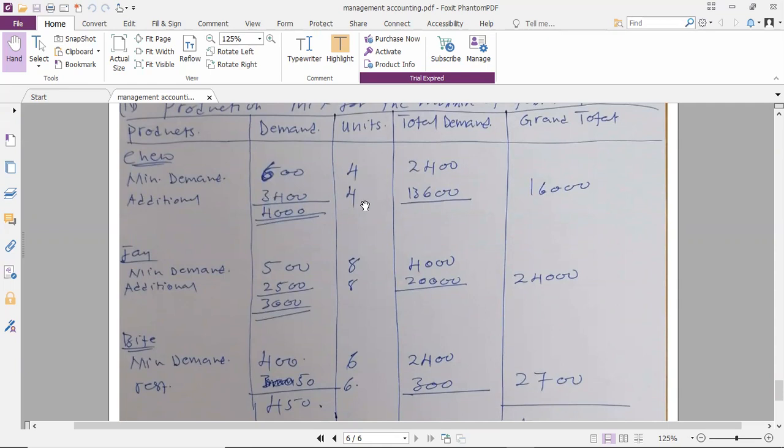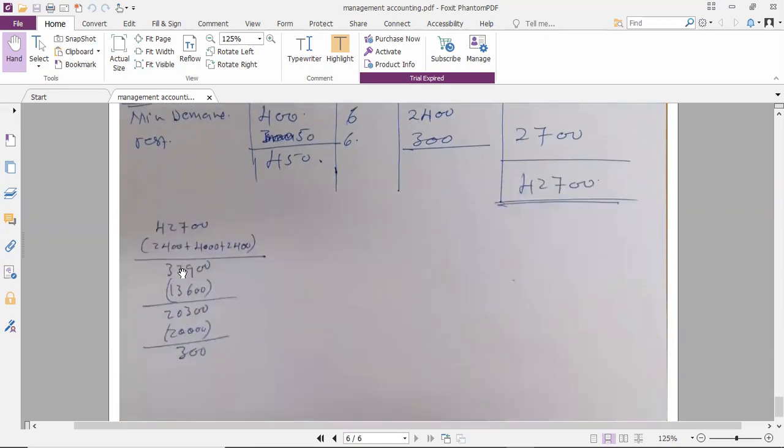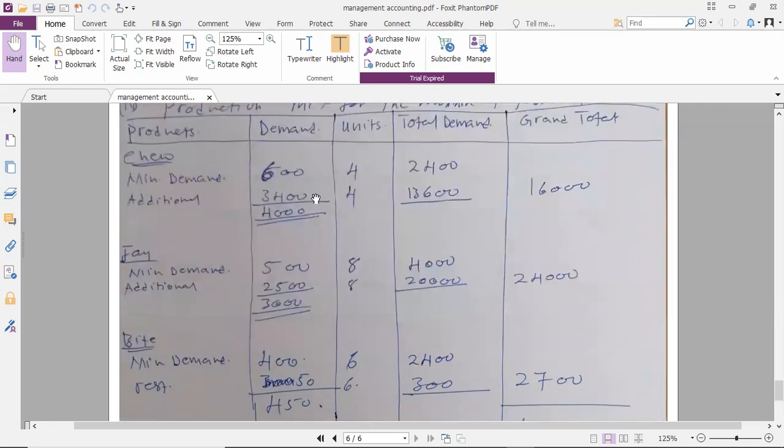So 3,400 by 4, I need 13,600 tons. Can I get the 13,600 tons from here? Yes. Then I subtract from it, and I get 20,300. After this, you have finished producing all the Chew 4,000 for the month, so you needed 16,000 tons of marble.